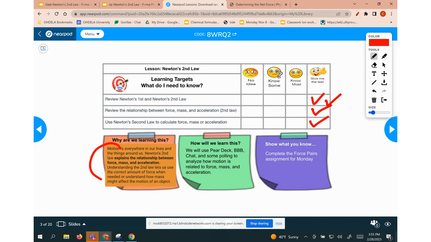Motion is in our lives, and the second law explains the relationship between mass, force, and acceleration. Understanding the second law lets you calculate the amount of force needed and understand how mass might affect the motion. We're going to use Nearpod, Big Blue Button, a chat, and some polling to analyze how motion is related to force, mass, and acceleration.